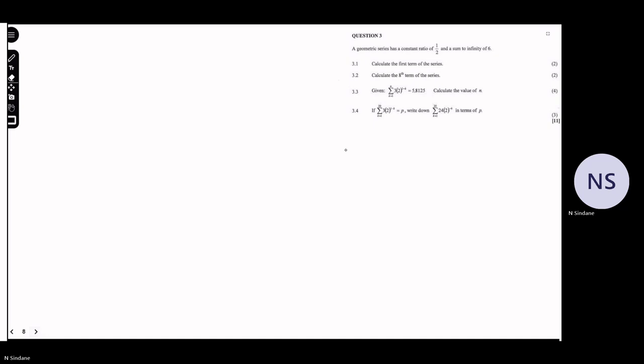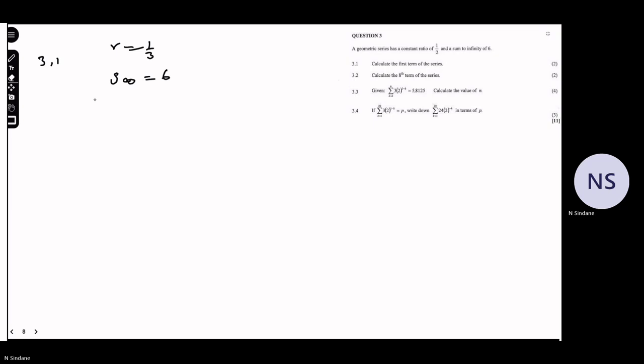So question 3, they're telling us a geometric series has a constant ratio of 1 over 3. So for 3.1, we already know r is equal to 1 over 3. And they're saying the sum to infinity is equal to 6. Calculate the first term of the series.